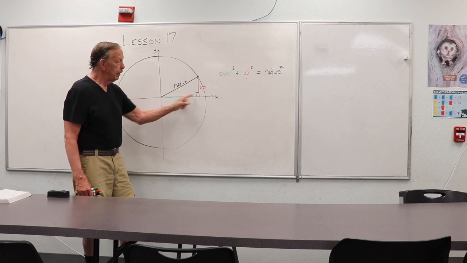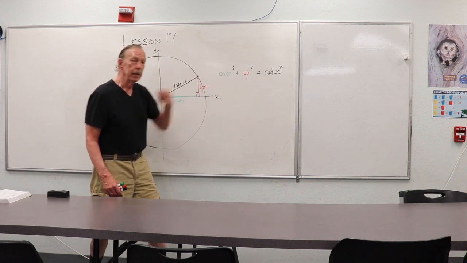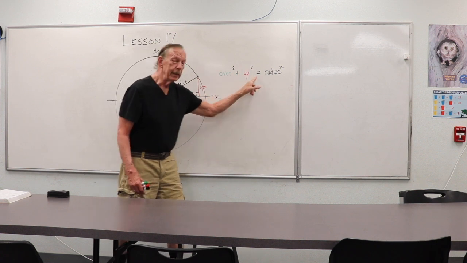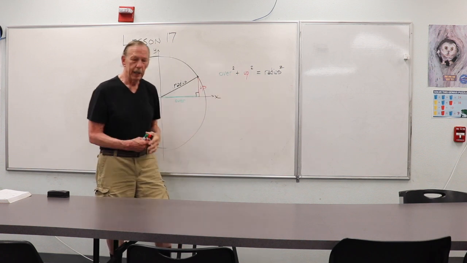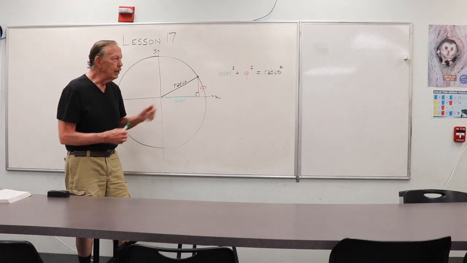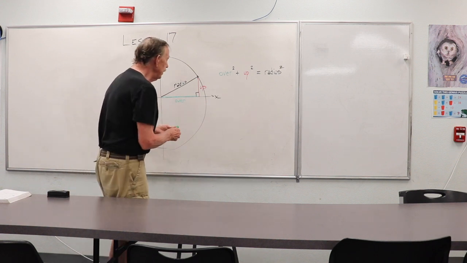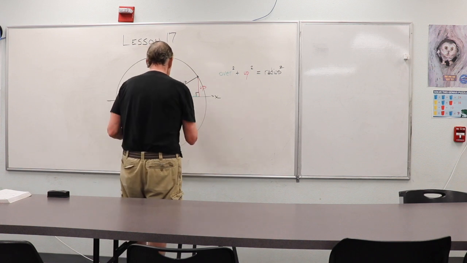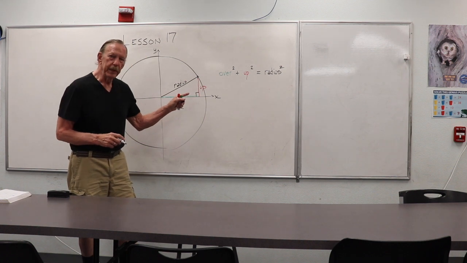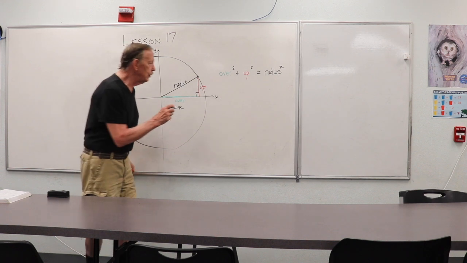So we can write this piece squared, over squared, and this piece squared, up squared, is the radius squared. Now generally when we talk about over, because it's an x distance, we use x. Generally when we talk about up, we're talking about a vertical distance, so we use y.